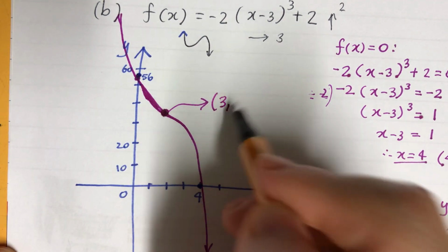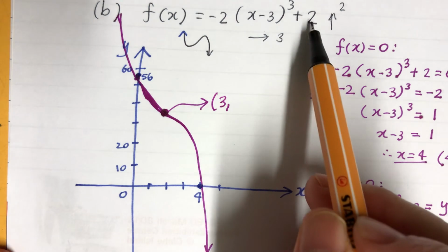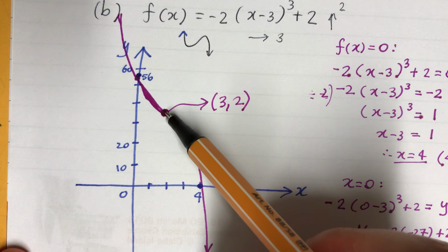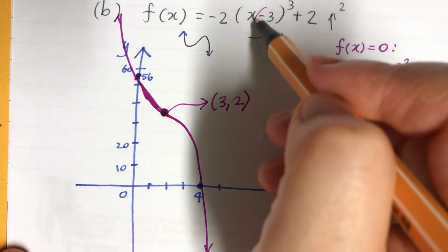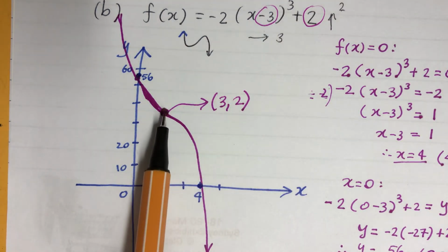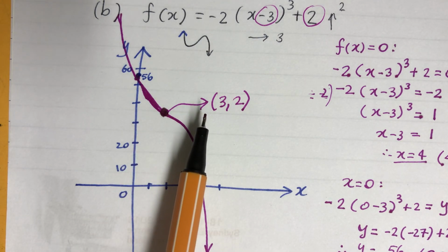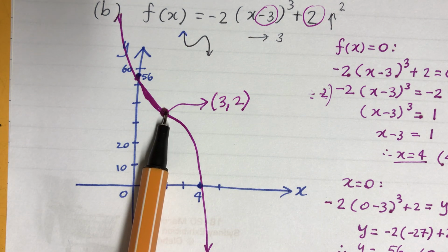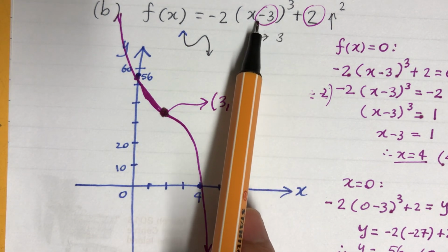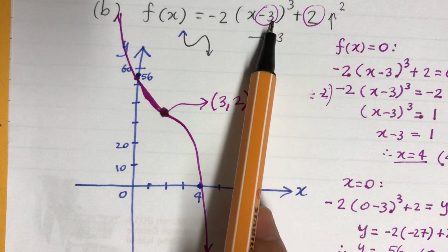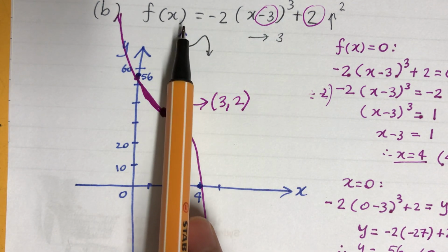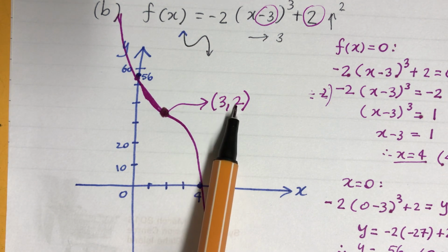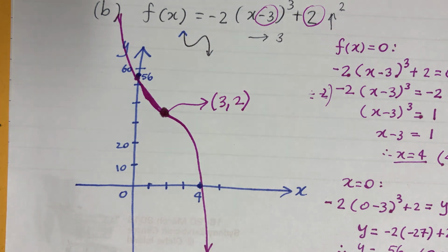So my 3, and then it's gone up by 2. So the inflection point depends on these. Where it moved to the right by 3 and gone up by 2, that's my point of inflection. So if it was the other way around, if it was x plus 3 minus 2, it means it moved to the left by 3, down by 2. Your point of inflection will be (minus 3, minus 2).